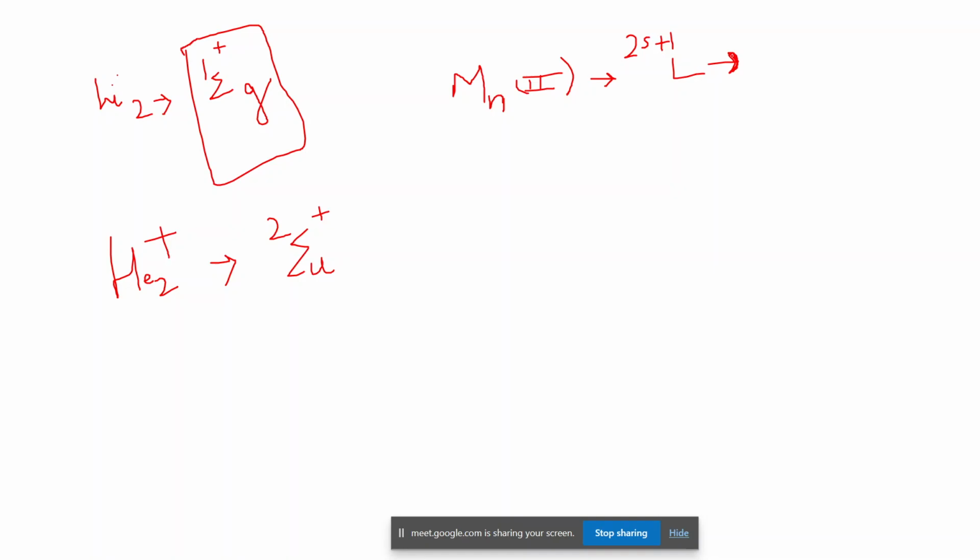Mn2 positive. Six S by two. 6 is correct.